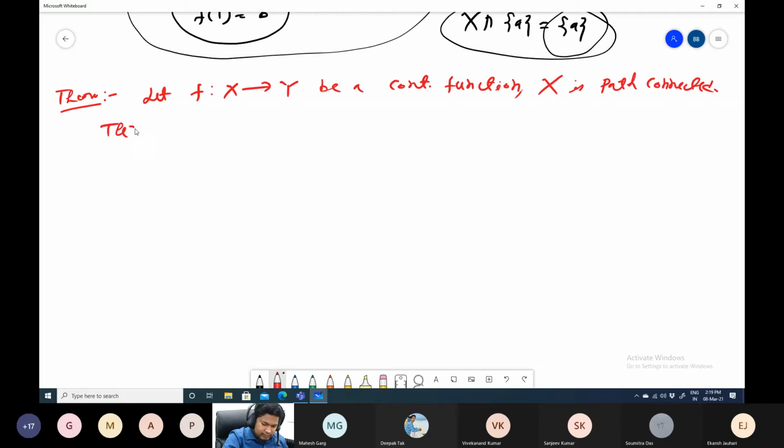Now then we prove that f(X) is also path connected. Okay? That means the image of a path connected set under a continuous function is also path connected. Now this proof is very simple. Can you give me a quick proof of that?